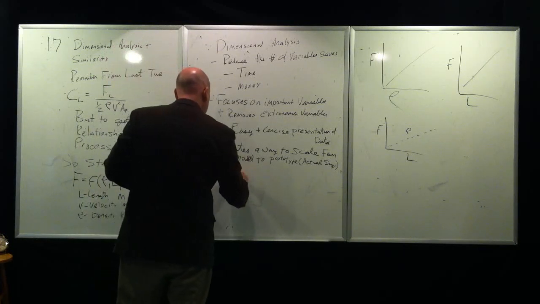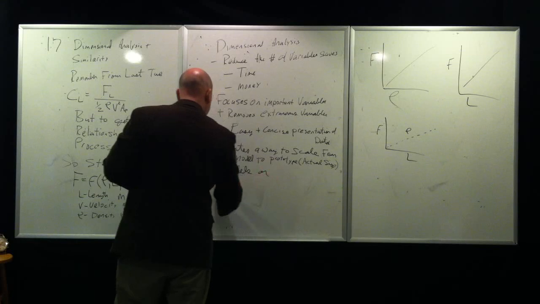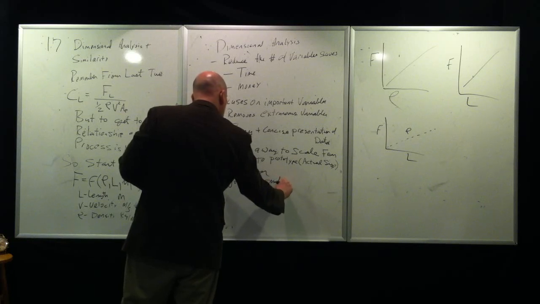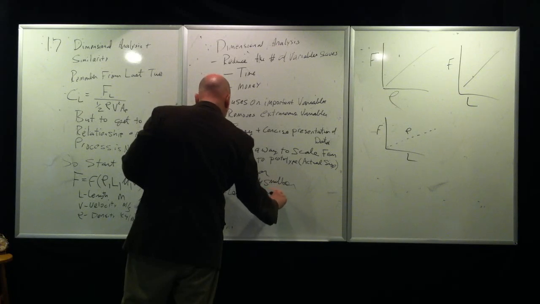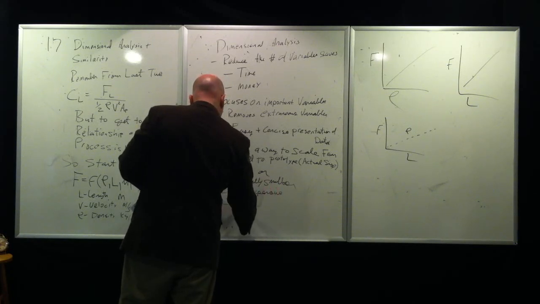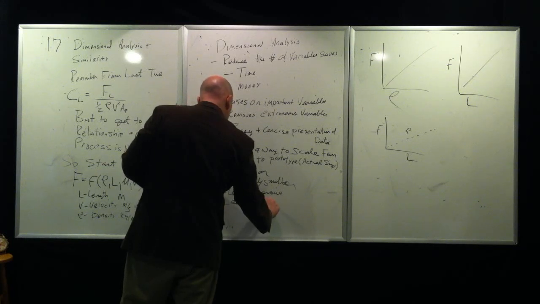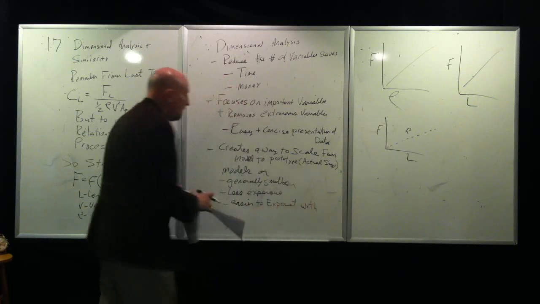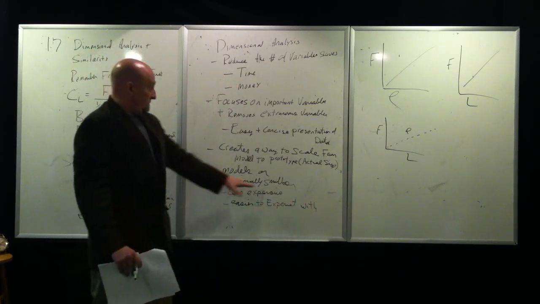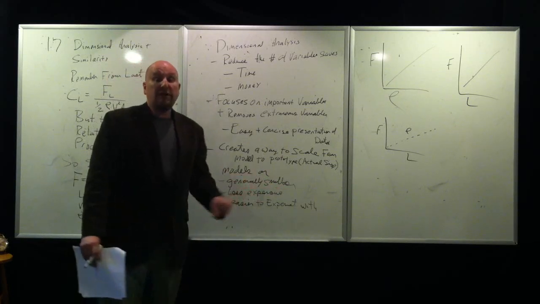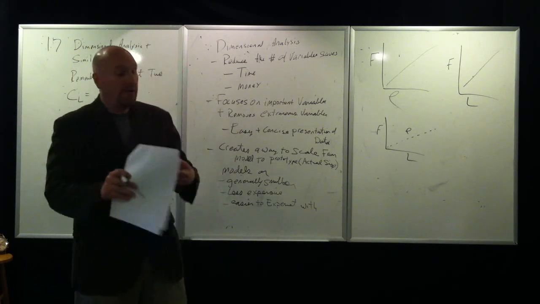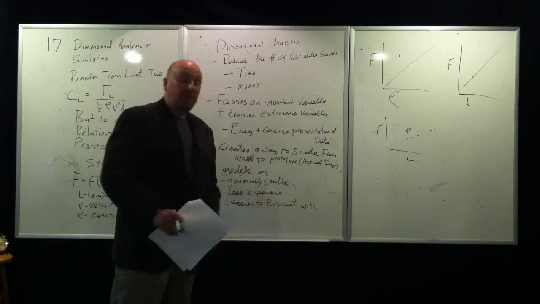Smaller models are generally smaller than the prototype, generally less expensive to build, less material, less detail you need to put in, and easier to do your experiments on.